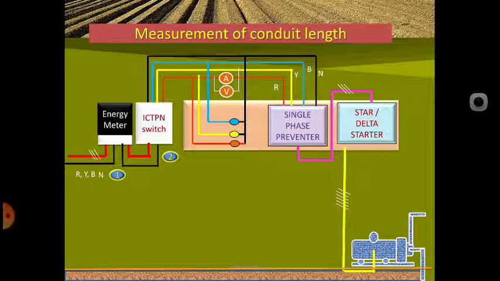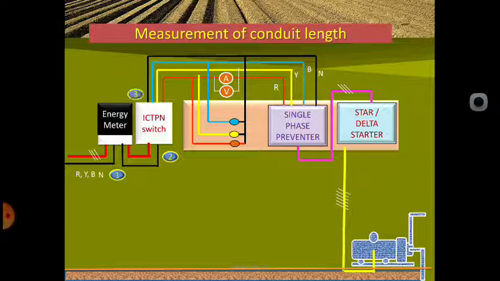Here the distance is nearly 30 centimeters. Here, instead of using the rigid conduit, I can use the flexible 25.4 mm metal conduit. So let us assume the length is 30 centimeters, or at maximum 0.5 meters. Just let us assume it.